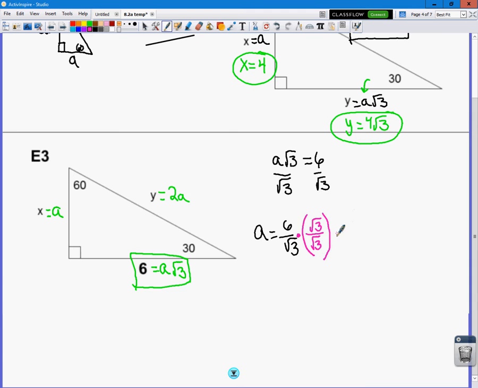That's all that's happening. What's going to be in the numerator? 6 square roots of 3. If I multiplied the square root of 3 times the square root of 3, what would it give me? It would give me 3.